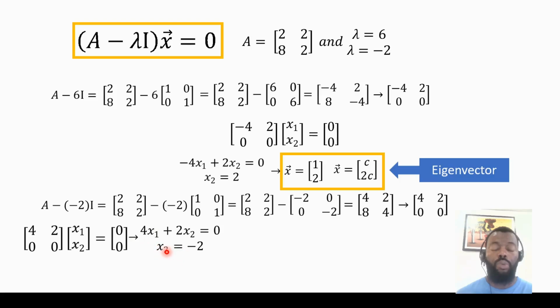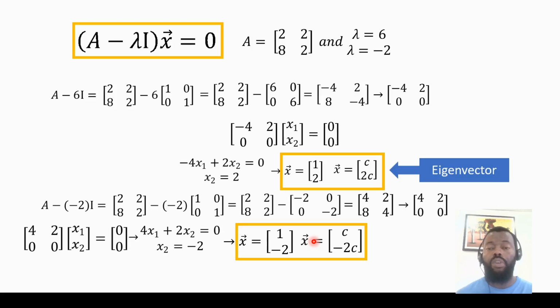So here we have the eigenvector. As I said, any multiplier of this vector qualifies to be an eigenvector. So here we have the eigenvector for the second value.